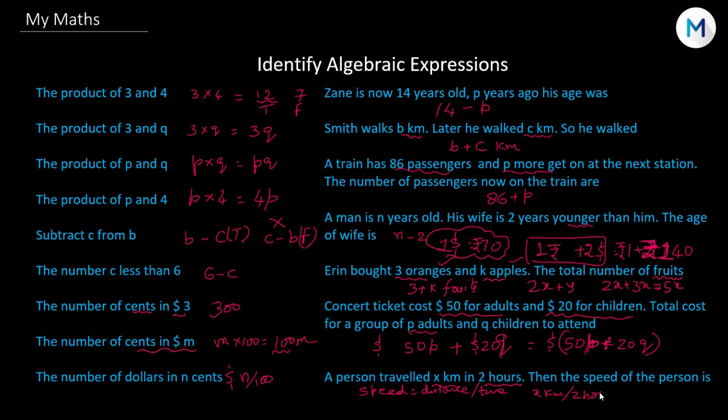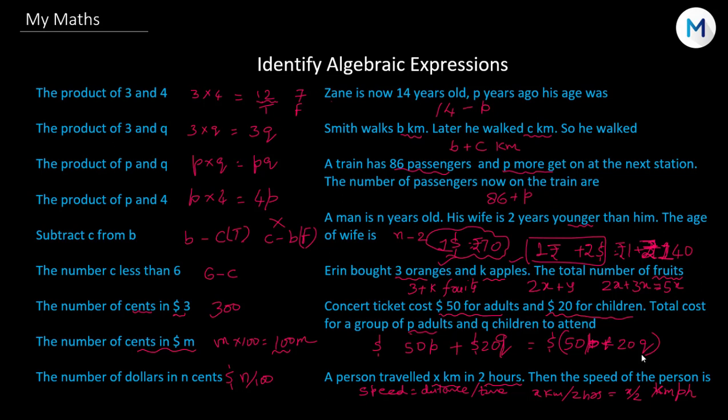So when we write the number and the unit separately, we write this as x by 2 kilometers per hour. Kilometers per hour, we call it kmph. In many vehicles we see miles per hour, kilometers per hour. That's how we calculate the speed of the vehicle.